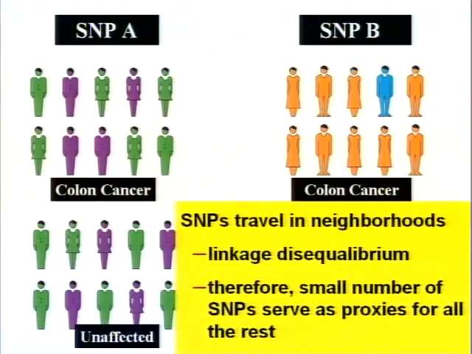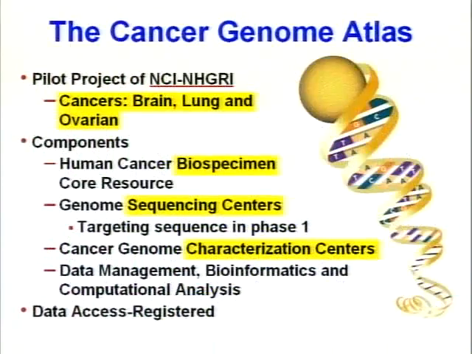So we can pick that particular SNP region as a region that might predict risk for developing this disease. We know that these SNPs travel in neighborhoods, and so we can use a small number of these as proxies for finding areas of risk for disease, cancer and other diseases.